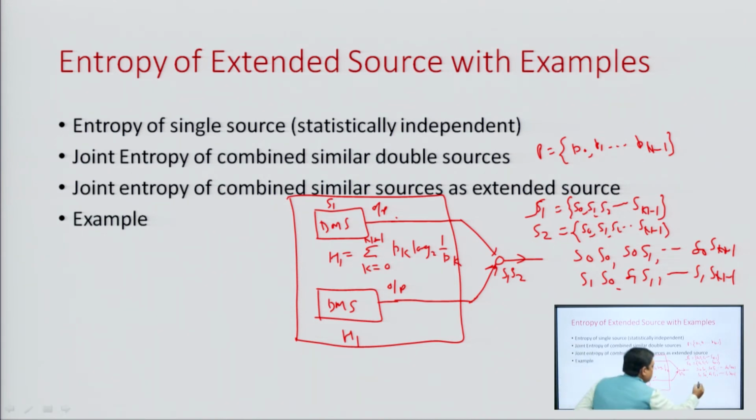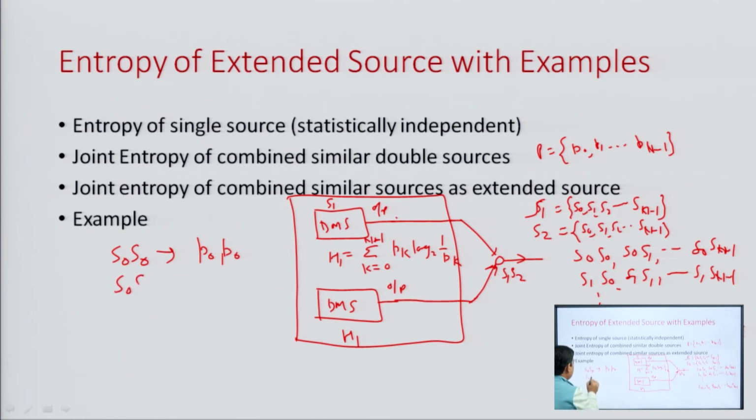Similarly, Sn minus 1 S0, Sn minus 1 S1, up to Sn minus 1 Sn minus 1. These are the possibilities of the joint symbol, and because the sources are statistically independent, we can find the probability of the joint symbol. Suppose S0 S0: its joint probability is P0 P0, that is P0 square.